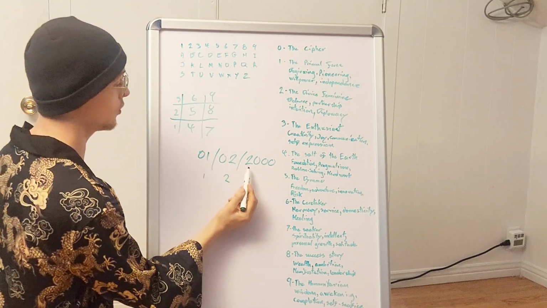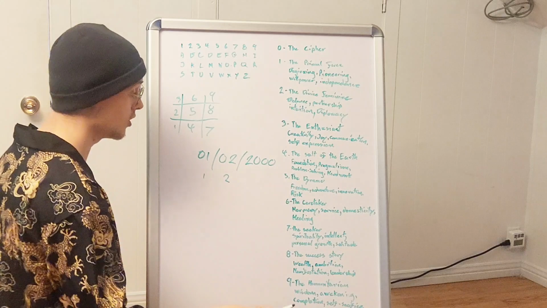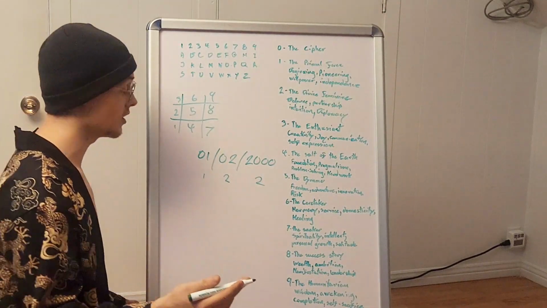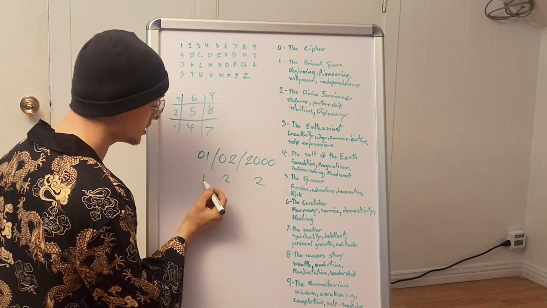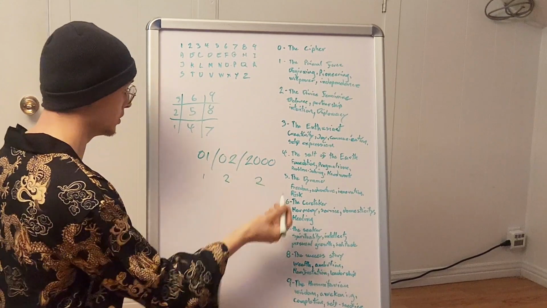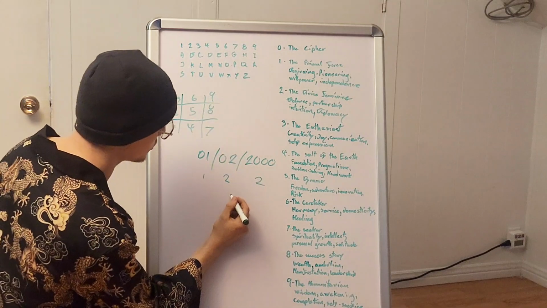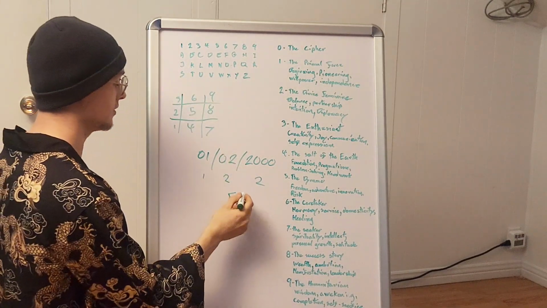And over here 2 plus 0 plus 0 plus 0 will equal 2. Simple enough. Then you add each one together: 1 plus 2 plus 2. What does it equal? 5. So that would mean you are a 5.